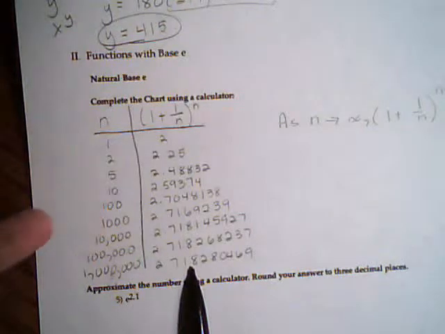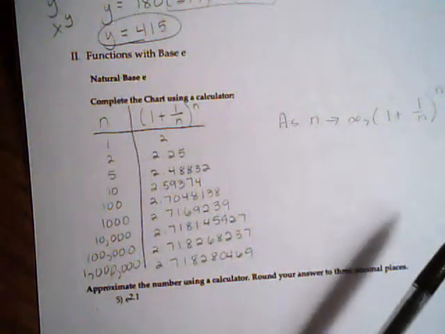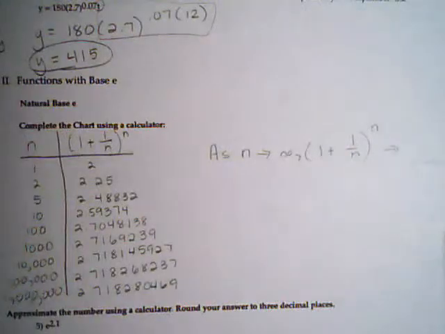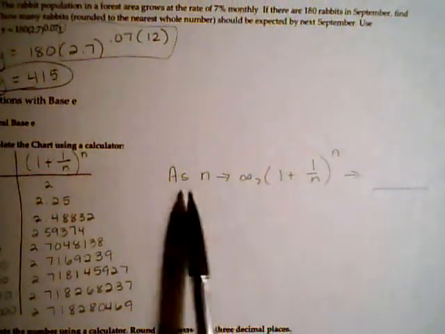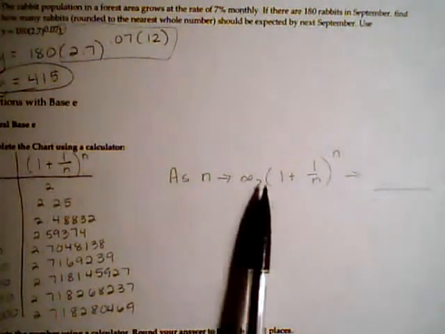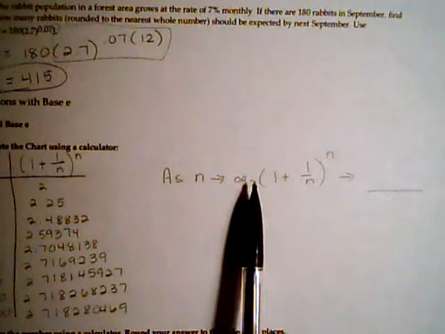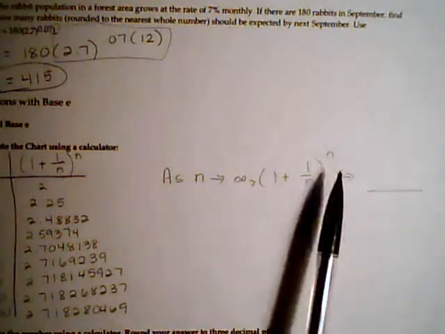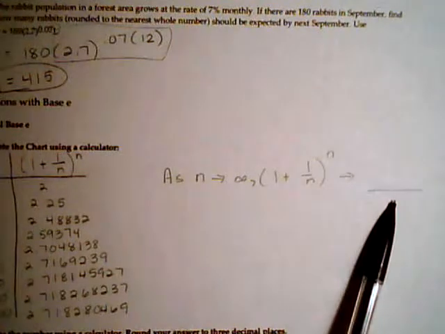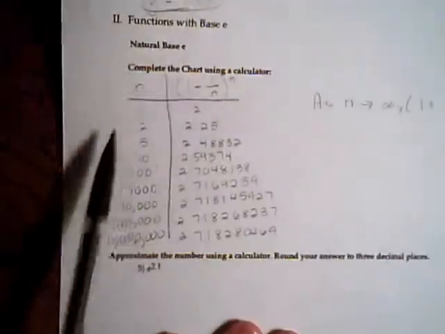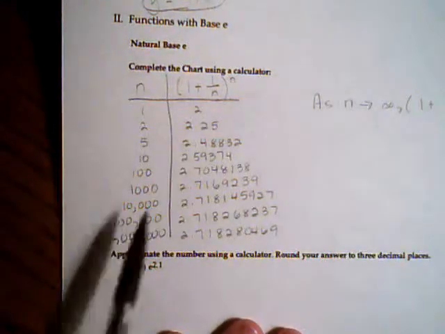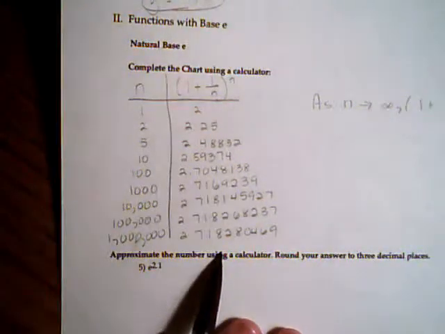By looking at this chart, let's fill in the blank to the statement I have here. As n approaches infinity, 1 plus 1 over n, quantity raised to the n power, approaches what number? As my n value gets larger, what is the value approaching?